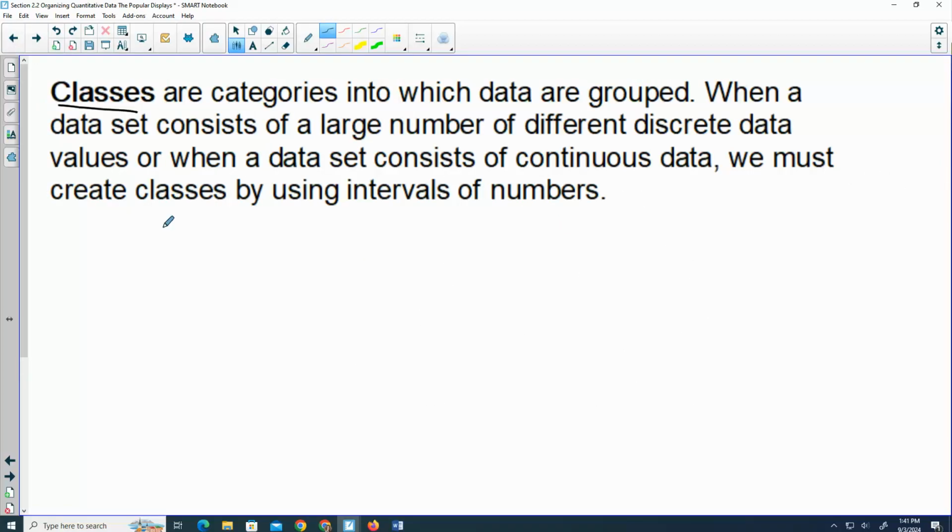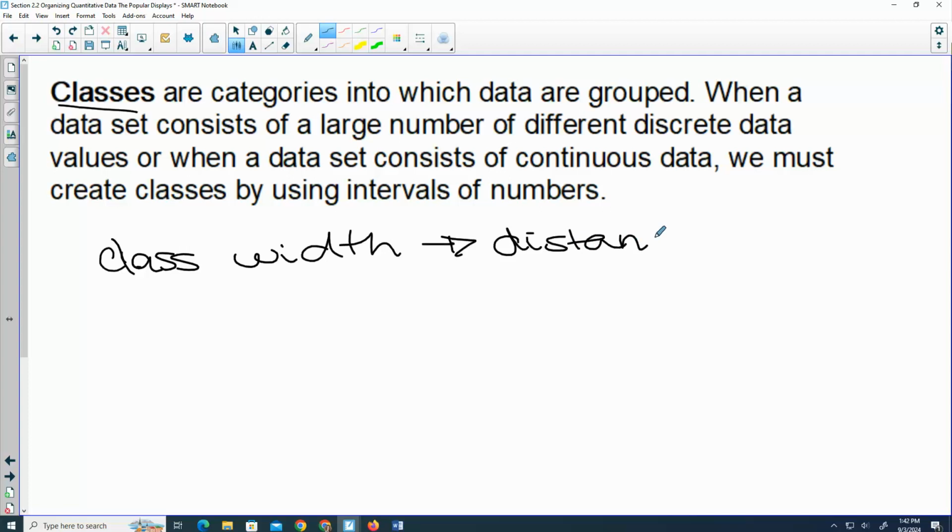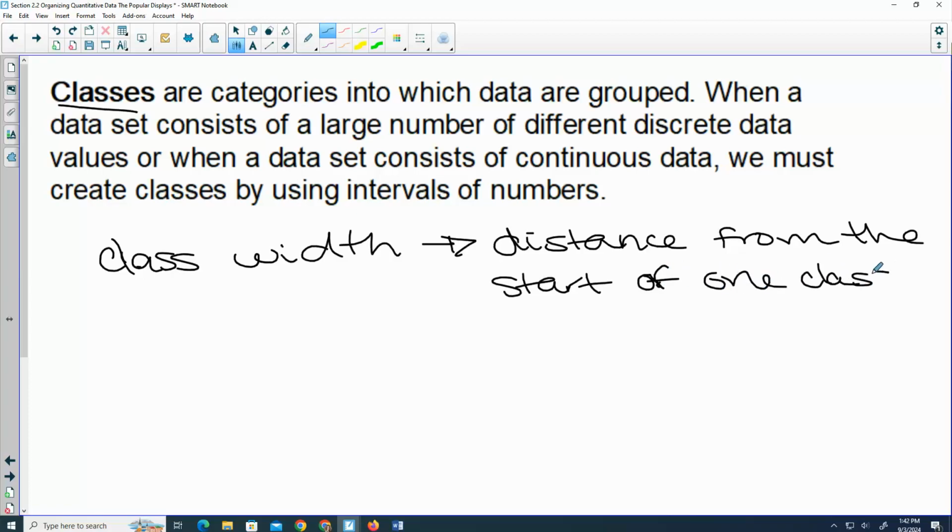We might want to kind of jot this down. I'll go back to that slide in just a second. But if I say class width, that's the distance from the start of one class to the start of the next.